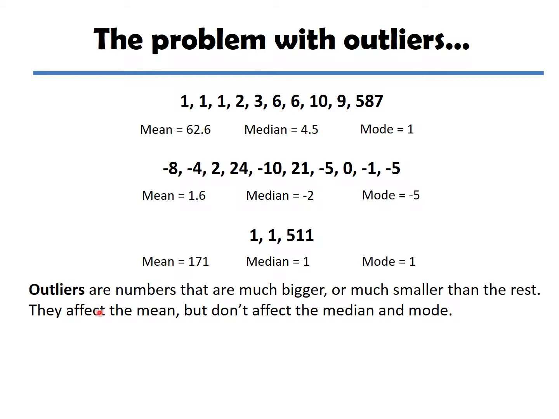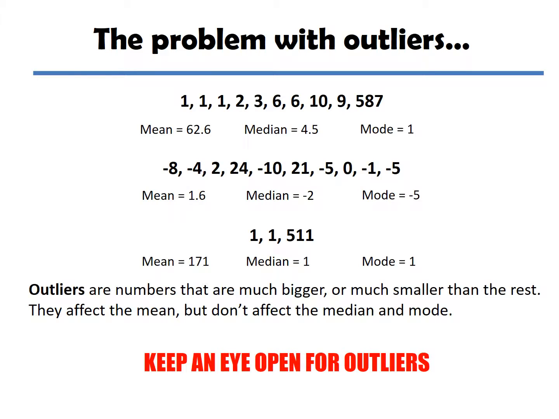They severely affect the mean, but they don't affect the median and the mode. You see, the median and the mode are very well behaved over here. That's why sometimes it's good to always compare these three indicators. So keep an eye open for outliers. Remember, look at the mean, look at the median, check out if there's something very funny going on or not.